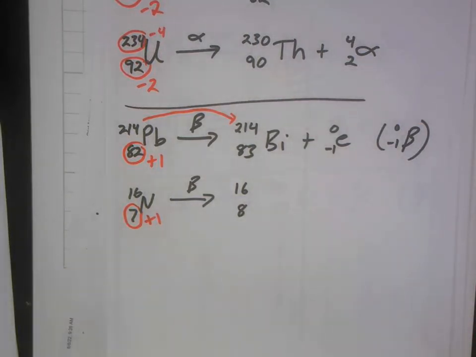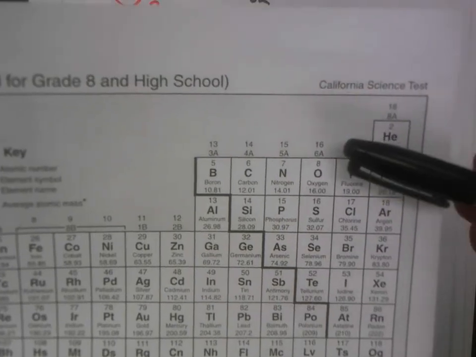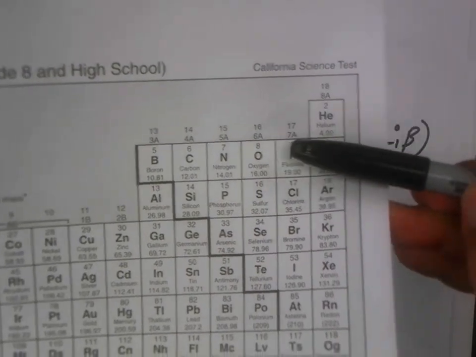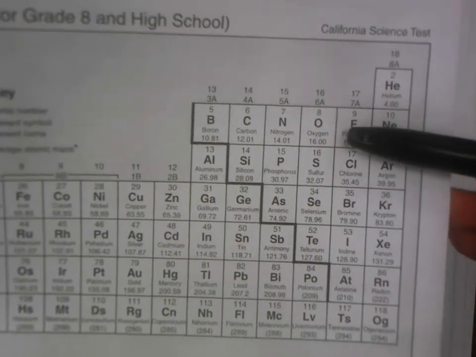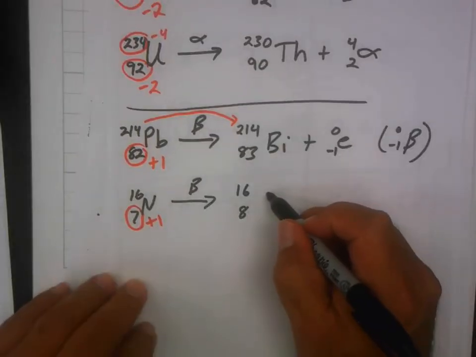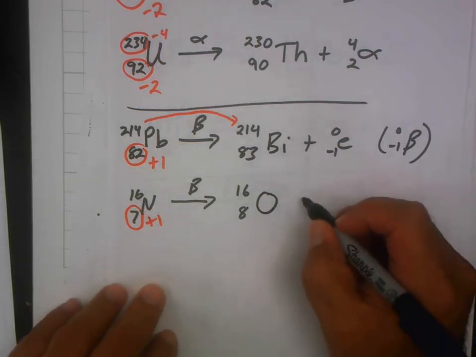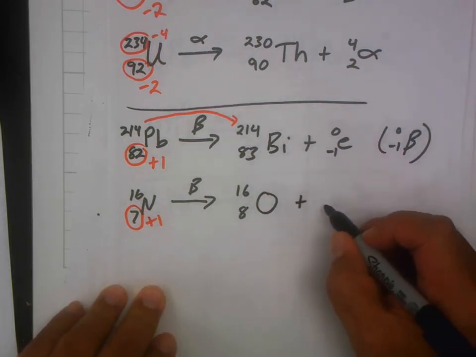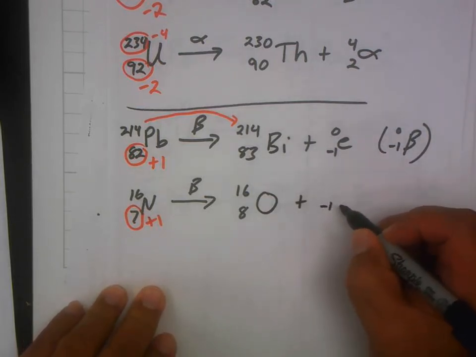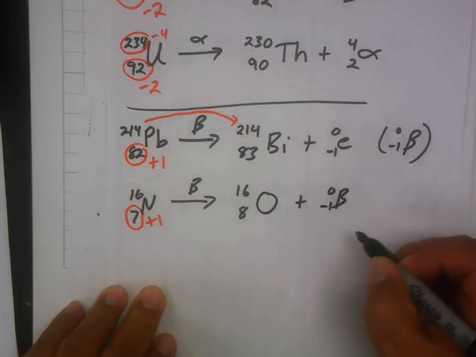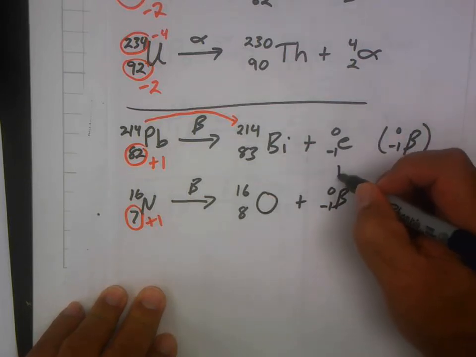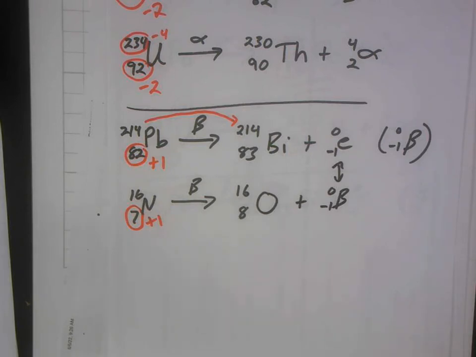What has atomic number 8? Oxygen. Good. Number 8 is oxygen, so we're going to turn it into oxygen-16. And here I'll put it as a beta particle. Once again, you can do either one of these. They're the same thing. An electron and a beta particle are the same thing.